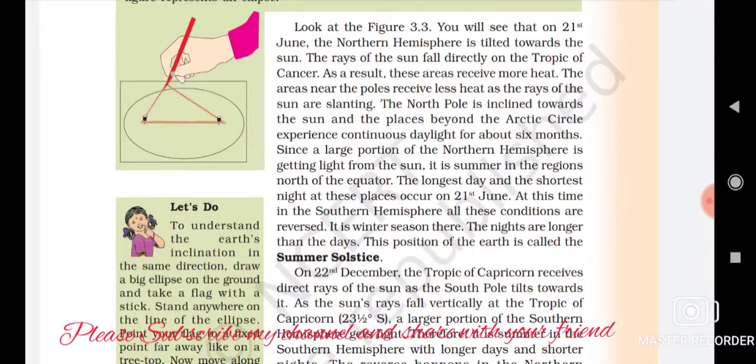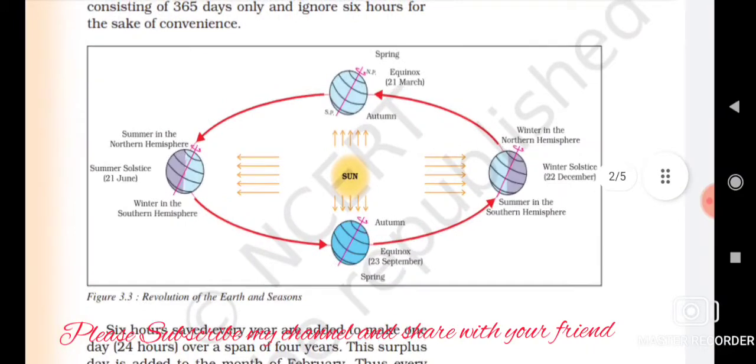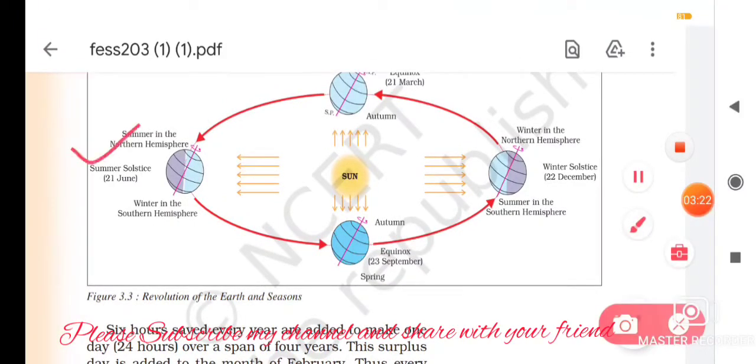The rays of the sun fall directly on the Tropic of Cancer and are away from the Tropic of Cancer in the southern hemisphere, and this position of the Earth is called the summer solstice. If you see this picture, you will be able to understand the summer solstice and the winter solstice.